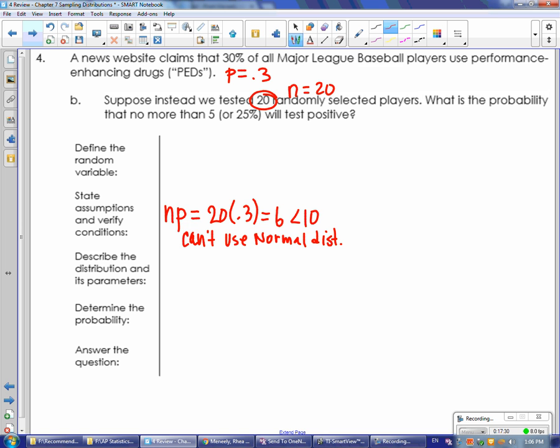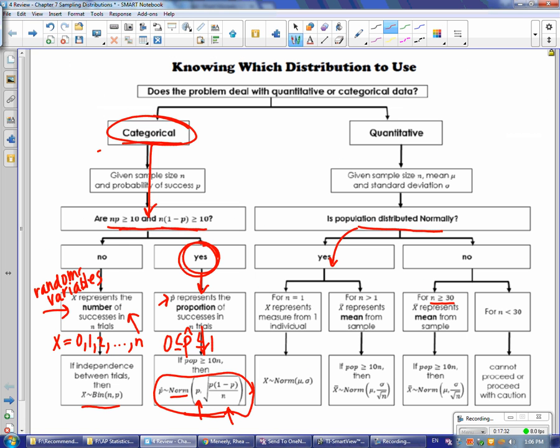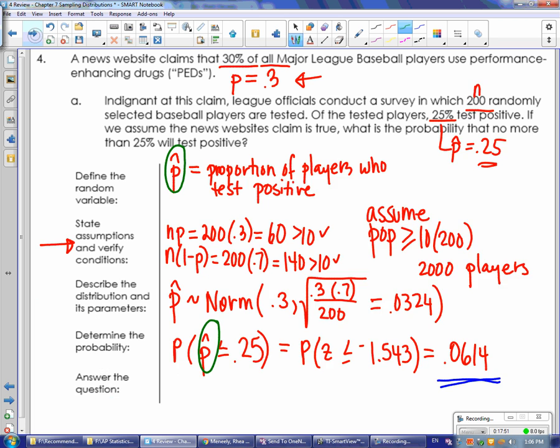I can, however, still use a binomial distribution if the condition isn't met. Now x, my random variable, instead of representing the proportion of successes, and I need to be very clear that I differentiate here, x would represent the number of successes in n trials.